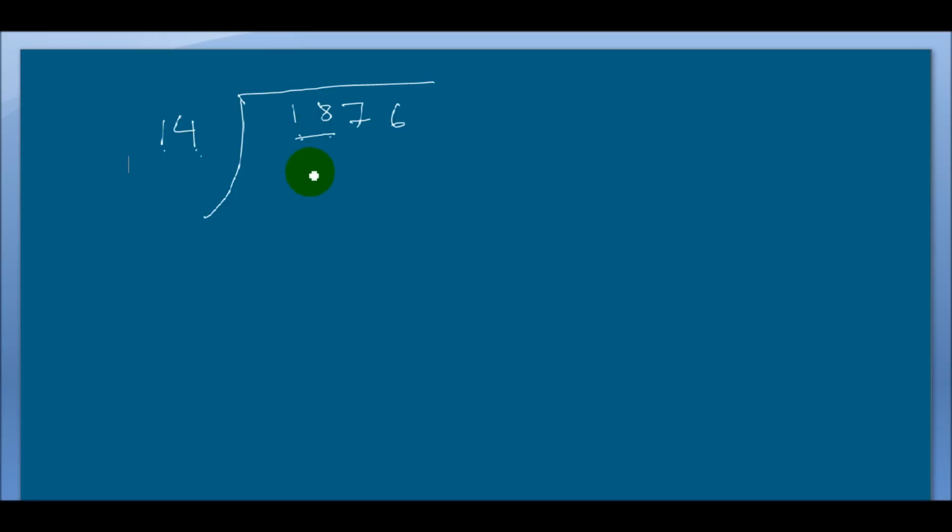Now 28 is more than 18, so it will not go 2 times. That's why 14 1 ja 14. I will read the table of 14 until this number becomes equal or less, but never exceeds this number which I have selected for division at this moment, right?